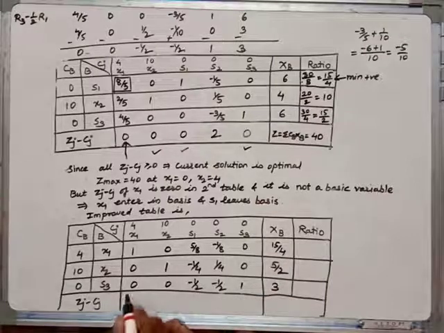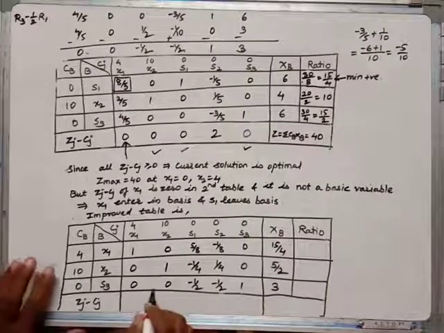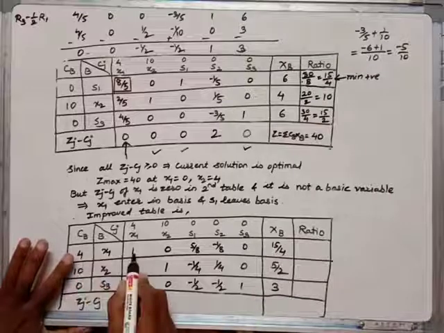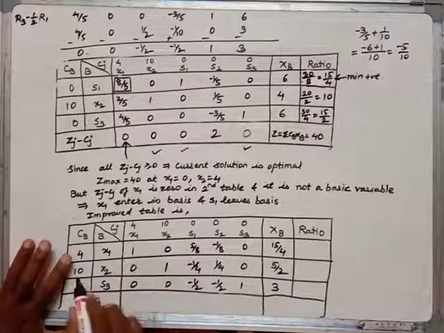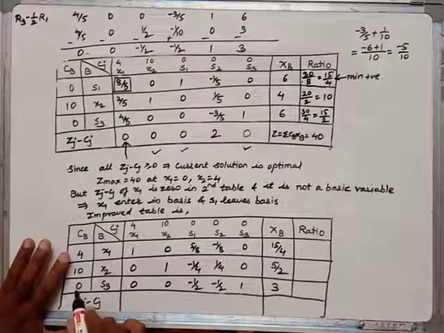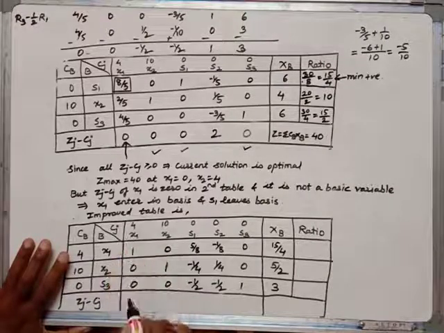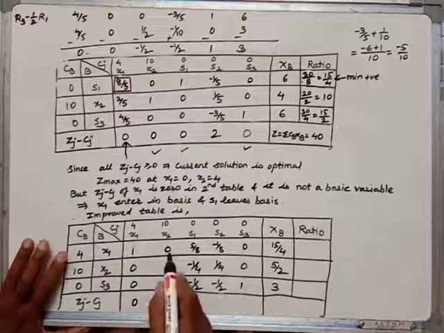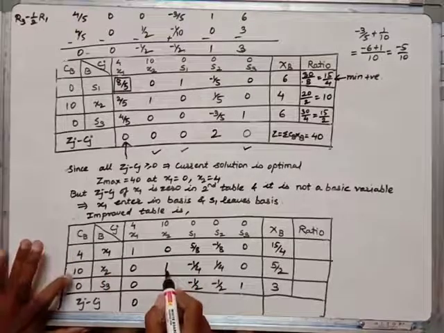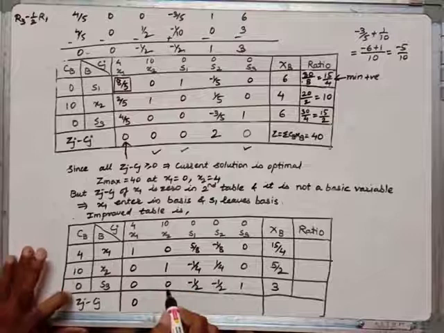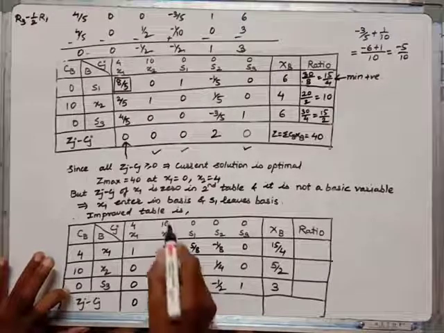Now let us check Zj minus Cj. Now 4 into 1 is 4 plus 10 into 0, 0 plus 0 into 0, 0. So minus 4, so we get 0. Now 4 into 0, 0 plus 10 into 1 is 1 plus 0 into 0, 0 minus 10.